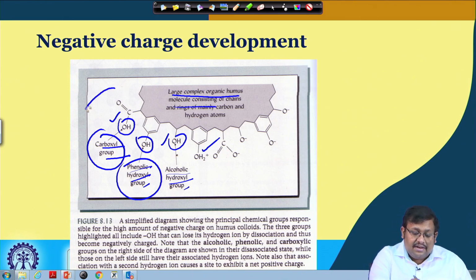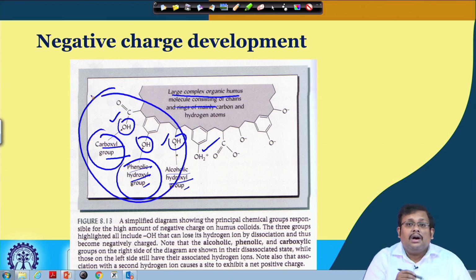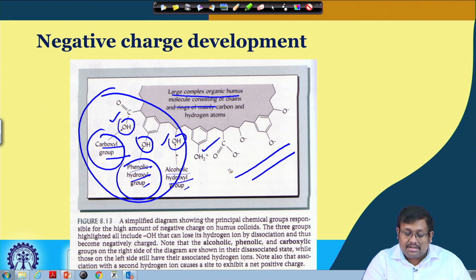So, on this side we are showing the whole functional groups. However, on this right side we are showing you the ionized form of these groups, where they are basically donating the protons and getting negatively charged. You note that the alcoholic, phenolic and carboxylic groups on the right side of the diagram are shown in the dissociated state.